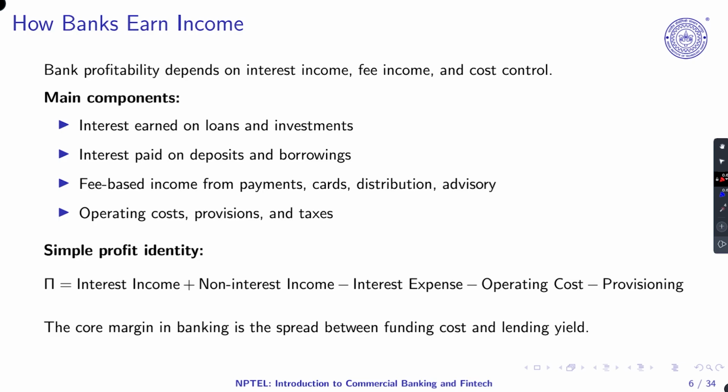Then they have the operating cost. In order to run a branch on a per day basis, the bank calculates how much cost they are incurring: all the employees, the lighting, the furniture and locker services, whatever they have in the premises, they calculate on a monthly basis. If a branch running cost is like 10 lakh rupees per month, and if they are not able to get even deposits of 10 lakh, then it will be a big loss for the bank, and they may be thinking about closing that branch.